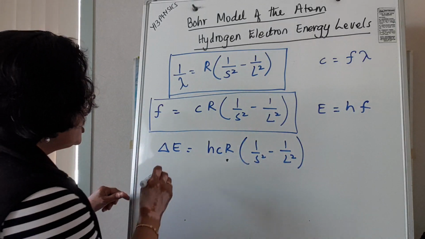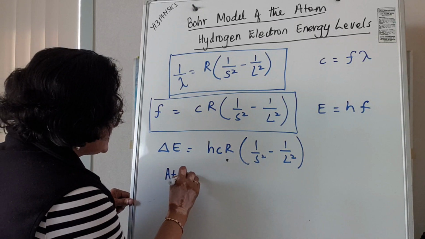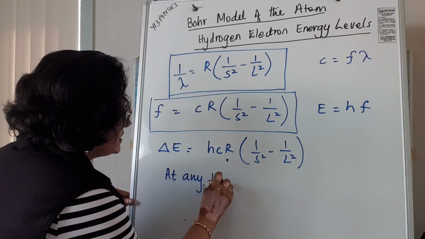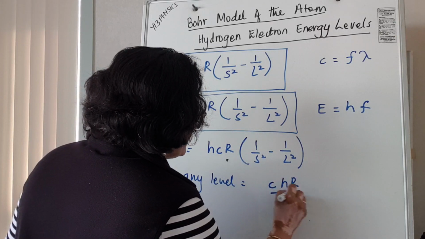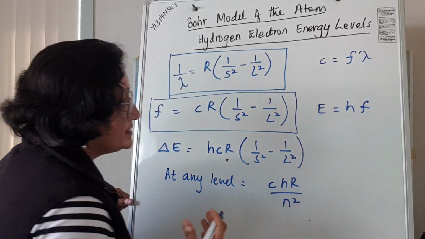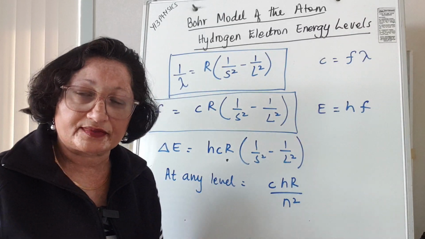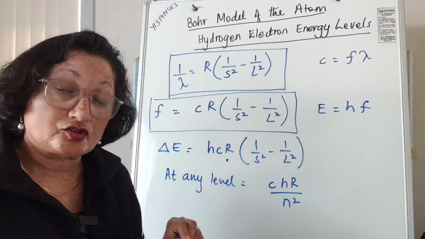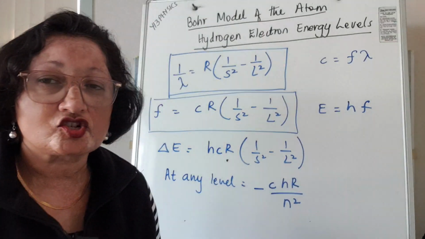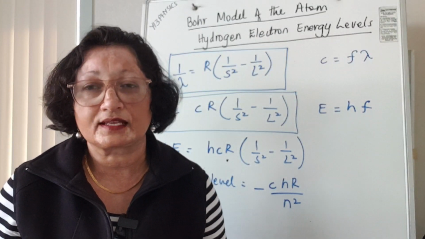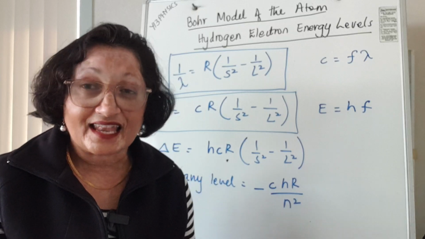Now, the energy at any particular level for an electron is given by hcR over n squared, where n is the quantum level or the quantum state. What we need to remember is that so long as the electron is bound to the nucleus of the atom, it has negative energy.